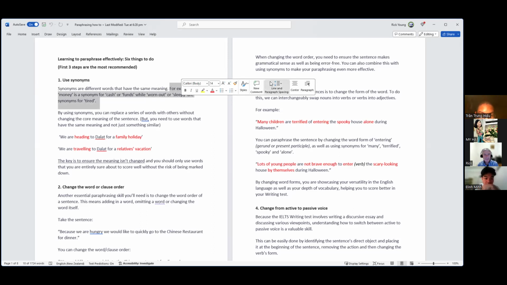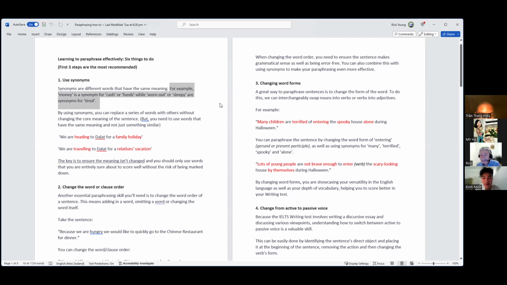For example, money is a synonym for cost or funds. Worn out or sleepy are synonyms for tired. Good. Ding Ming, does that make sense to you?